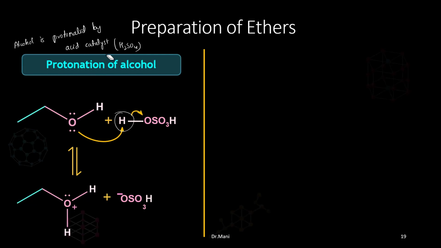The acid catalyst is trying to remove this group, so the H goes and attaches, forming the water molecule, which is very unstable and will leave. That's why it creates a better leaving group and makes the carbon more electrophilic.